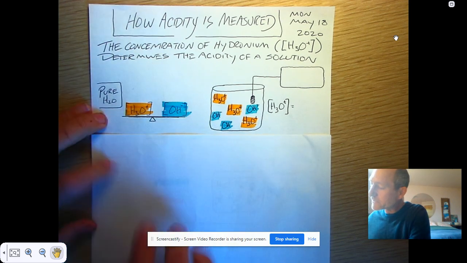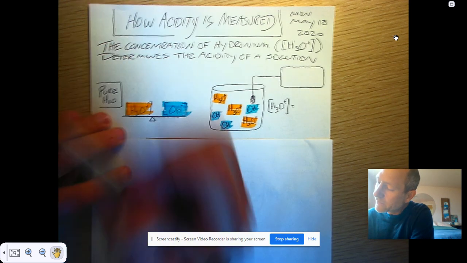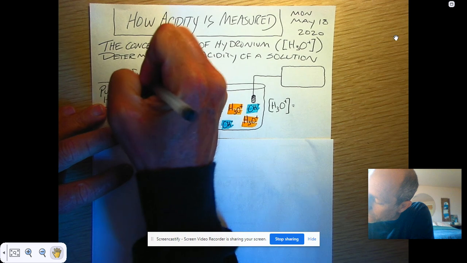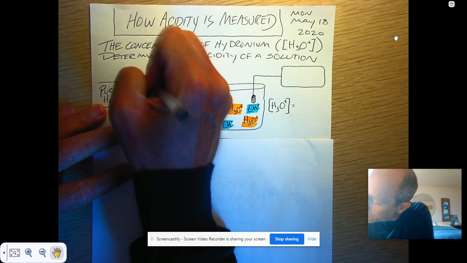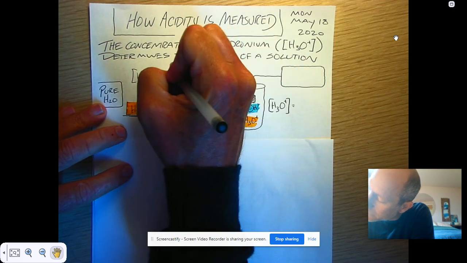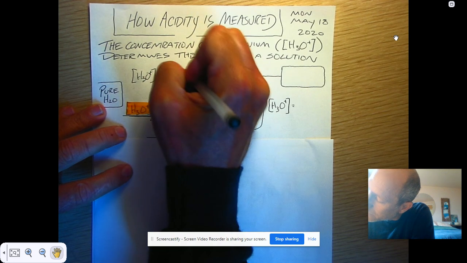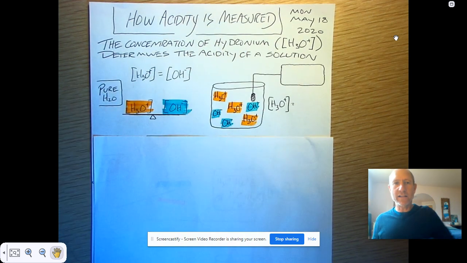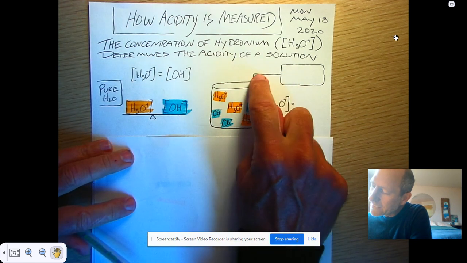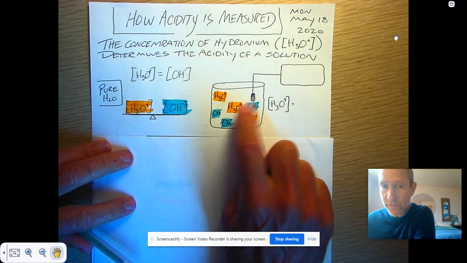Another way to say this is that the hydronium ion concentration is the same as the hydroxide ion concentration. If that's the case, and you stick a pH probe into your solution.